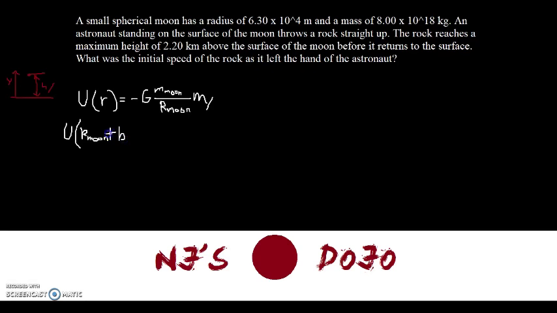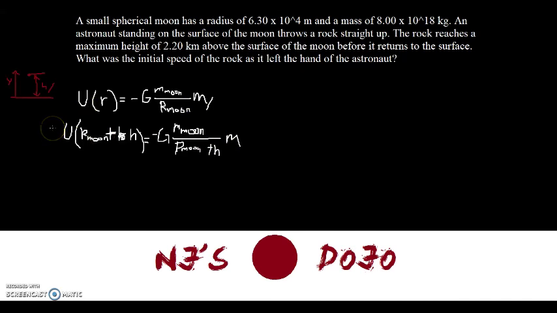That's a plus sign, sorry, and this is an h. Let me just erase it. Okay, U at R moon plus h is basically the same equation, but we simply add h, since the rock was thrown upward.